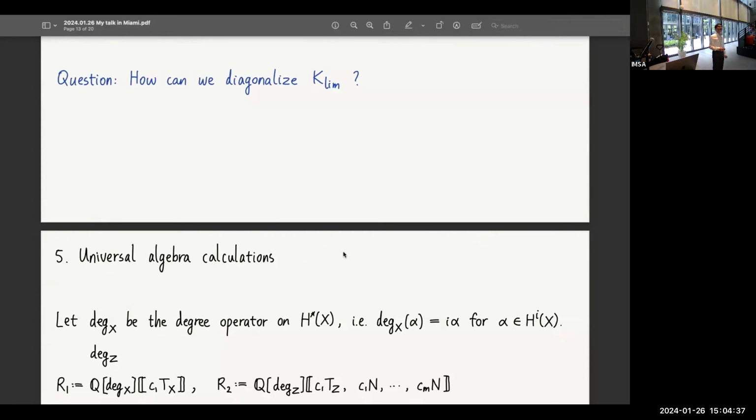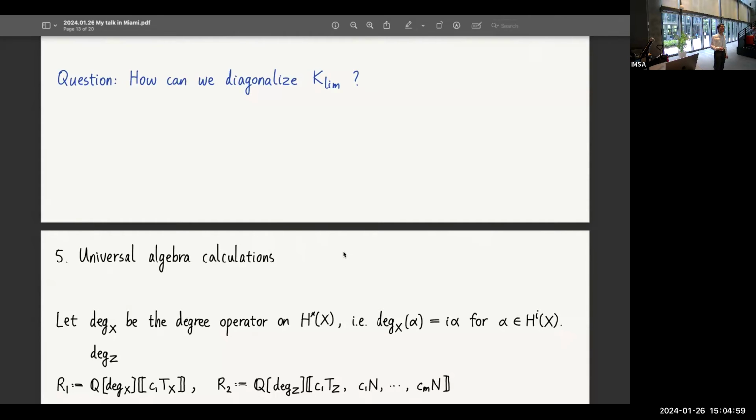Now we consider two rings, one for X, one for Z. For X, we have Q with the degree operator, and we also put formal power series in C1 of TX, considered just as a formal variable.